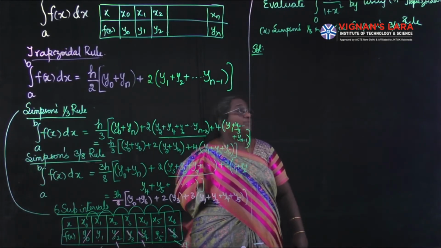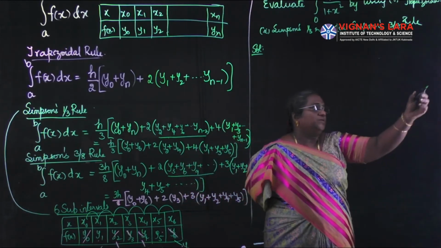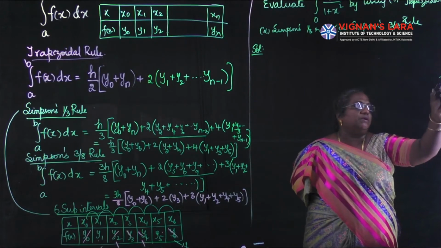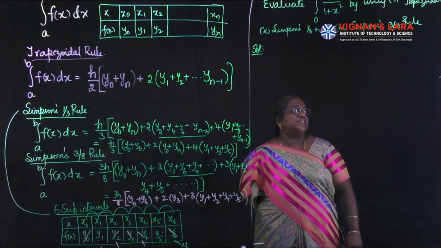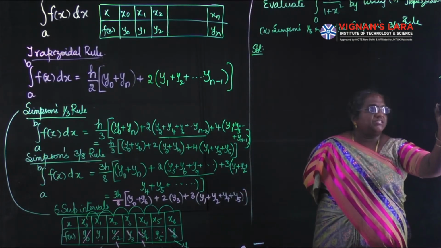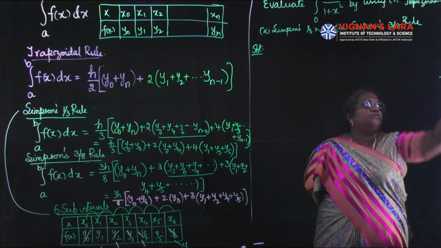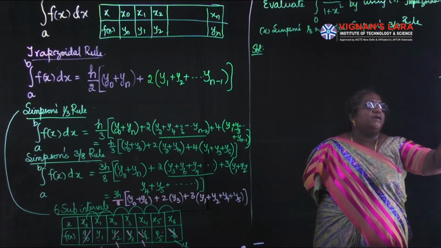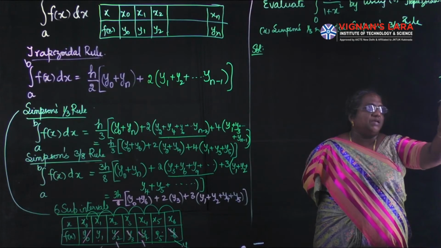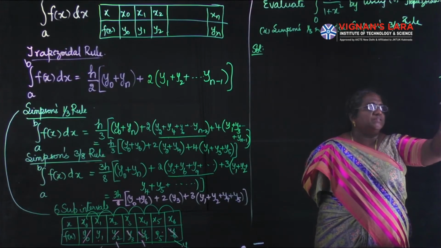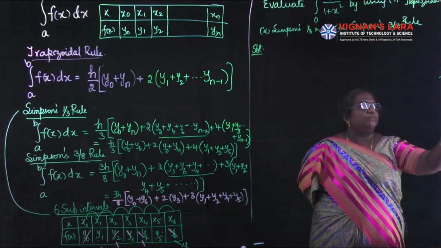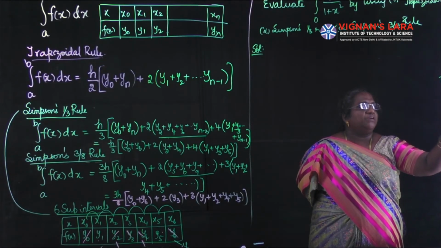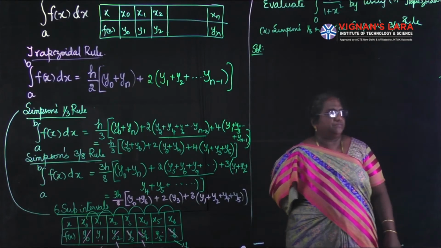So now you have to divide the interval 0 to 6 into how many subintervals? 6 subintervals means h we need. h is equal to b minus a by n. So 6 minus 0 by n, and here we are fixing n as 6.